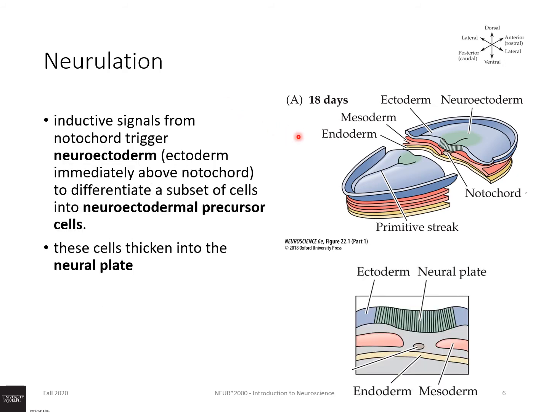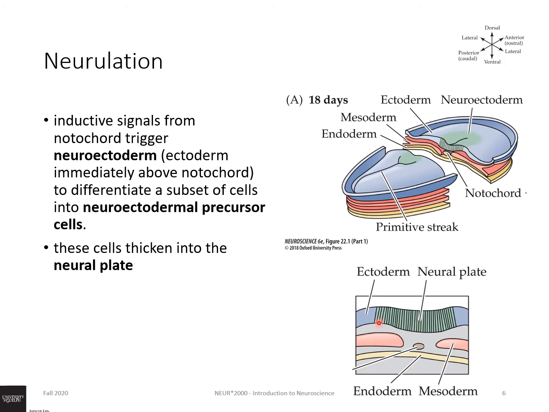So now we're at about 18 days of gestation, and that's when the process of neurulation is underway. So that's when those inductive signals from the notochord of the mesoderm trigger the neuroectoderm, so that ectoderm region immediately dorsal to the notochord, to differentiate into a subset of cells called neuroectodermal precursor cells.